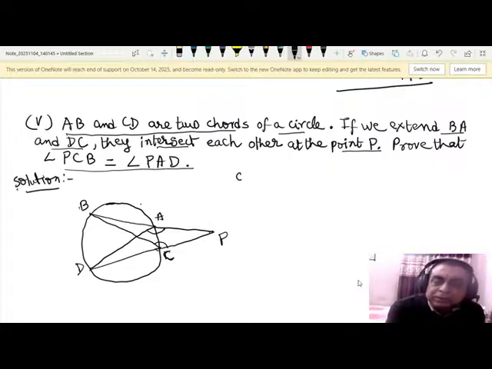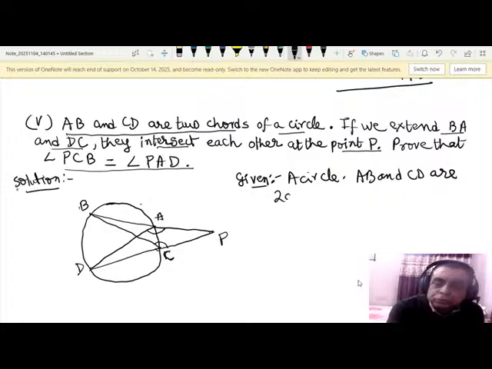Geometrical proofs are always done like this. Always first we write the given. So what is given in the question? A circle. AB and CD are two chords of the circle.